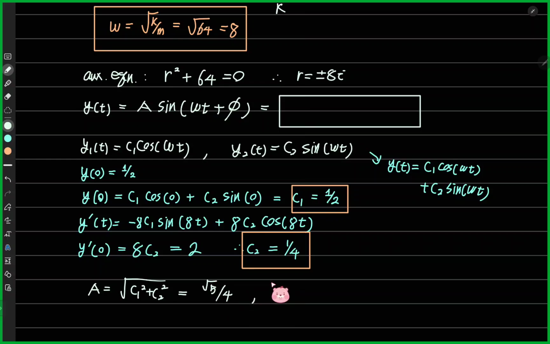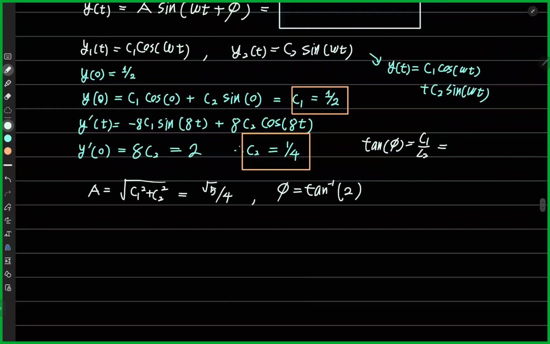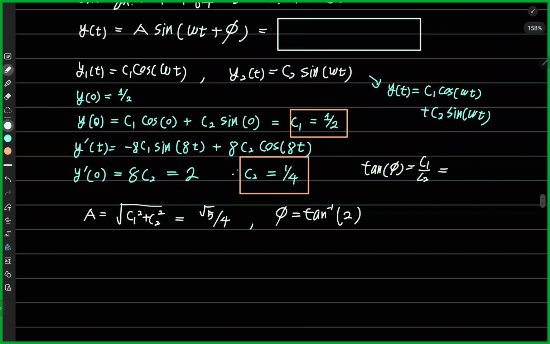And phi is going to be arctangent of 2. How come? Because tangent phi is c1 over c2. What's c1? 1/2. What's c2? 1/4. So 1/2 over 1/4 is 2. So that's why phi is arctangent of 2.